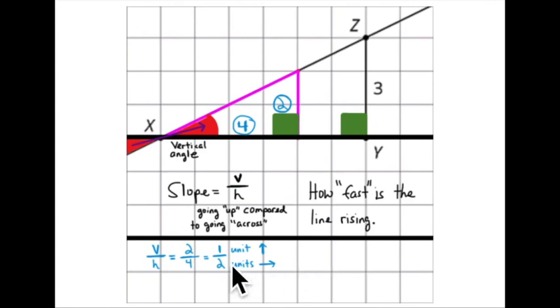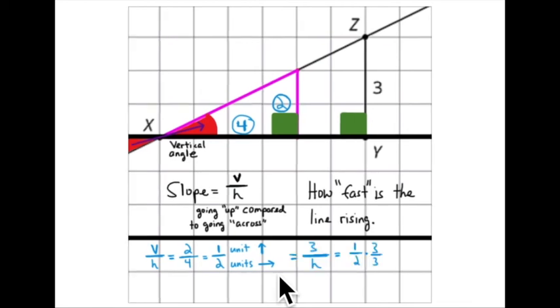You can use that information. So it's going up 1 unit for every 2 units in the horizontal direction. And you can use that information to figure out what x, y is right here. So this is 3 units in the vertical direction compared to whatever the length is in the horizontal direction. So it's 3 compared to h, the horizontal direction. We know that that relationship is 1/2.